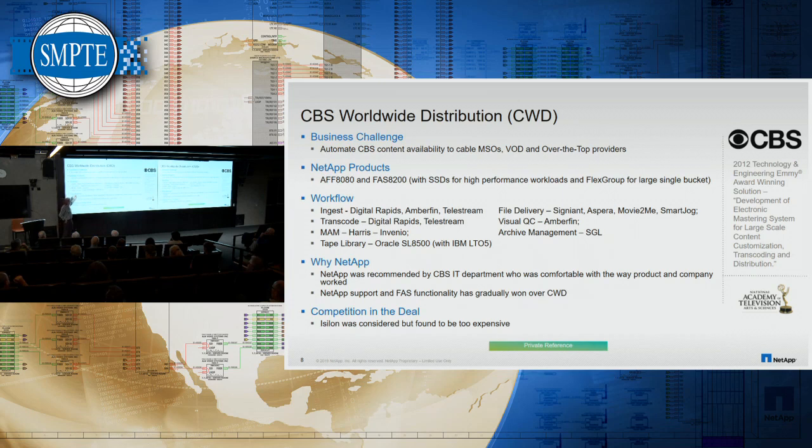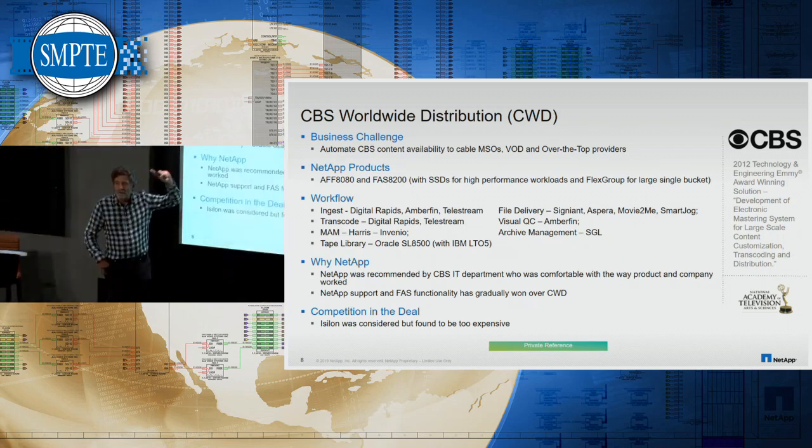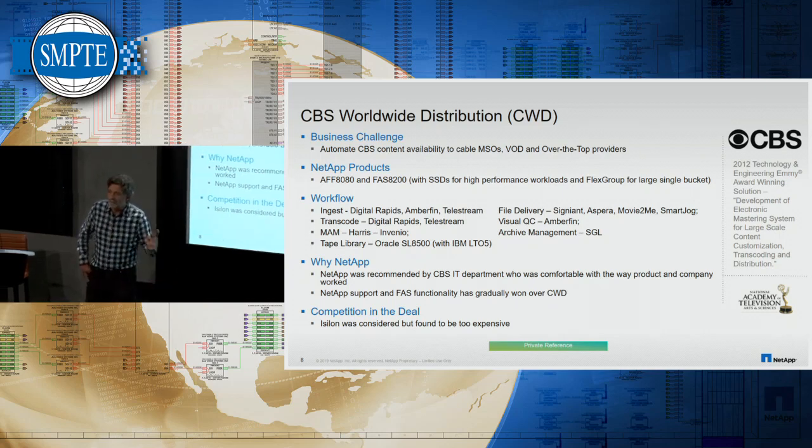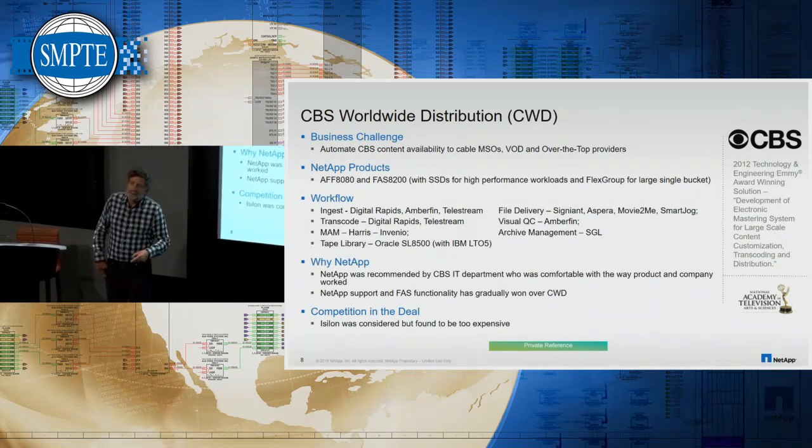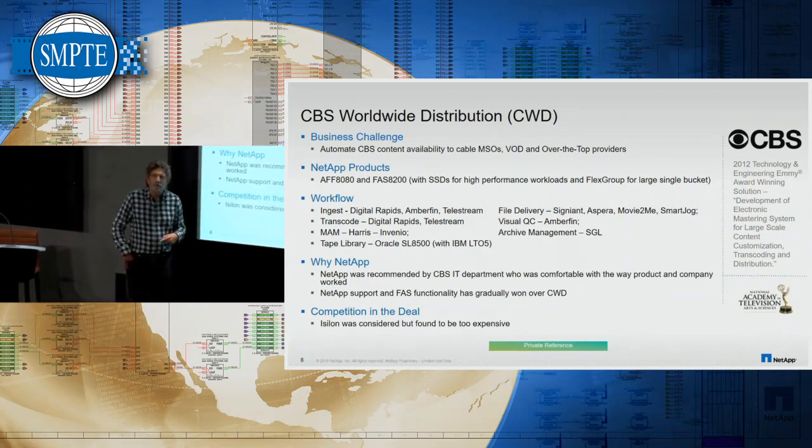This LTO is being accessed constantly, certainly on a daily, if not an hourly basis, to pull content forward and then transcode it. So once it's been pulled forward, it's going to get transcoded and it's going to sit in the NetApp FAS systems at that point, and then be put back on tape. But I wouldn't call it cold storage.